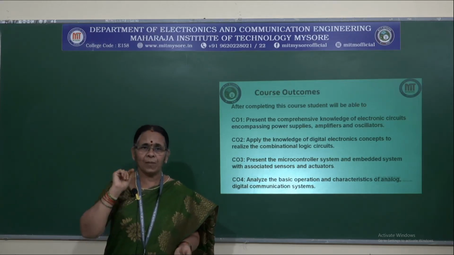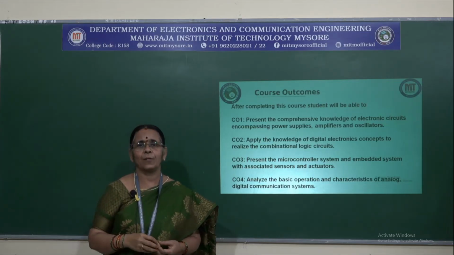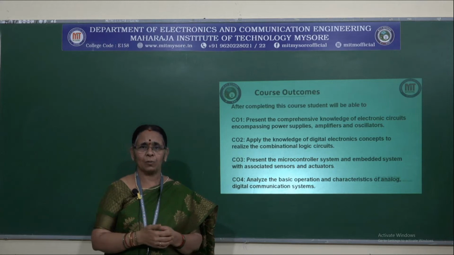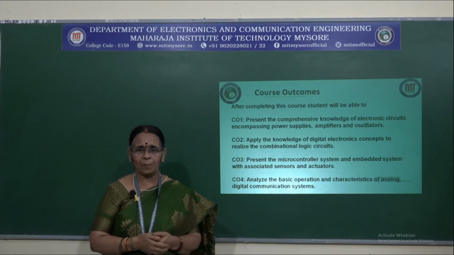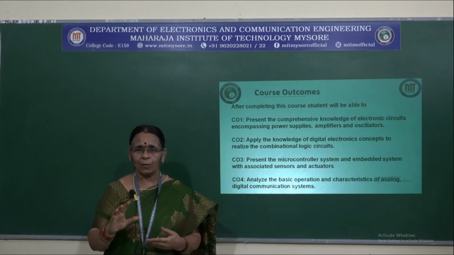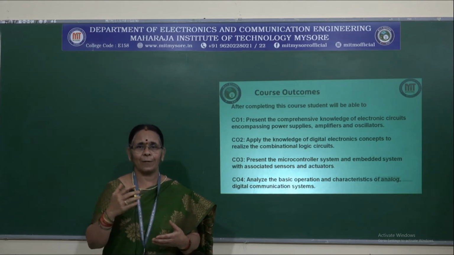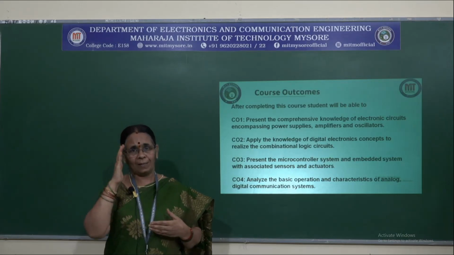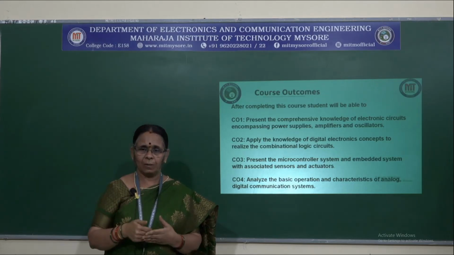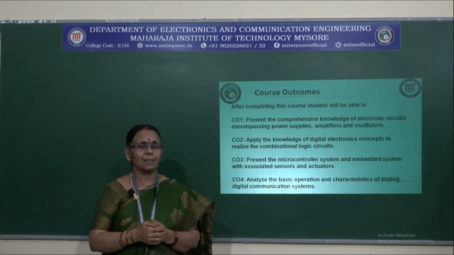Next, coming to CO2, you will be in a position to apply the knowledge of digital electronic concepts to realize combinational logic circuits, using OR gate, AND gate, along with truth tables and also Karnaugh maps. Then coming to CO3, present the microcontroller system and embedded system with associated sensors and actuators. After having studied the 4th module, you will be in a position to do this.